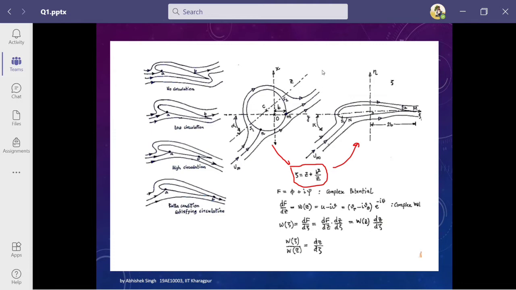But what we see at the stagnation point is that the flow leaves smoothly, which we got from the Kutta condition. It is not leaving like in this case or this case, but always leaves in this way, satisfying the Kutta condition.